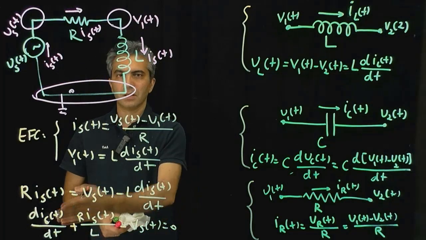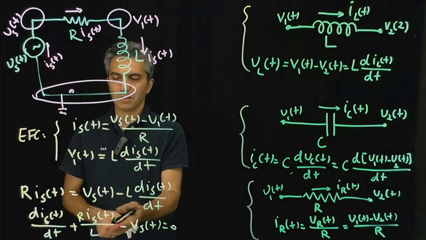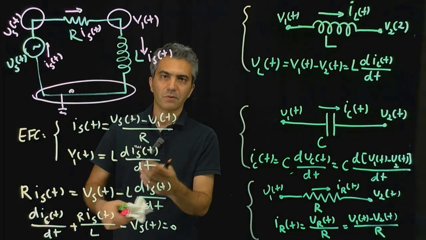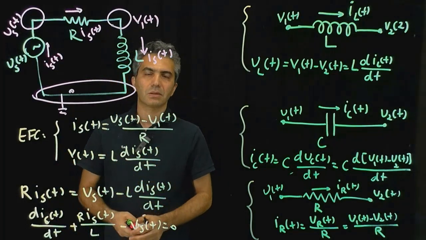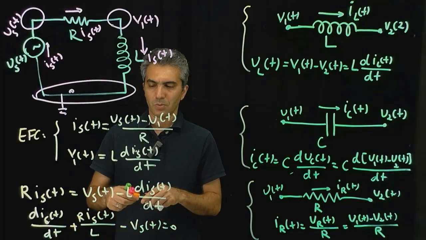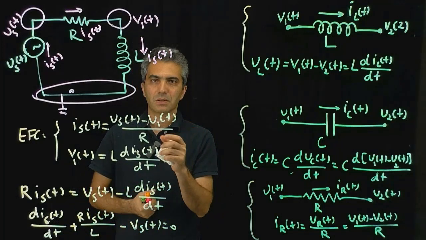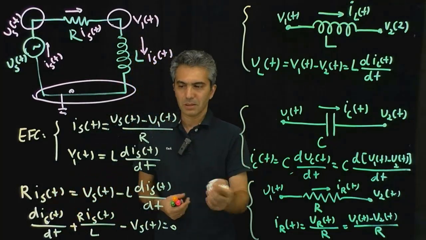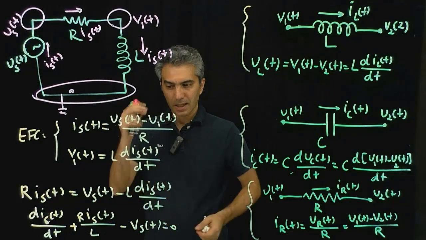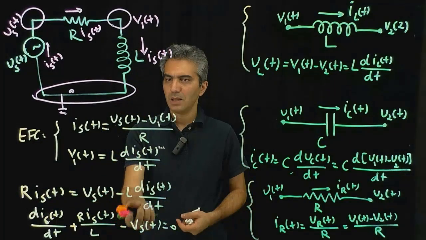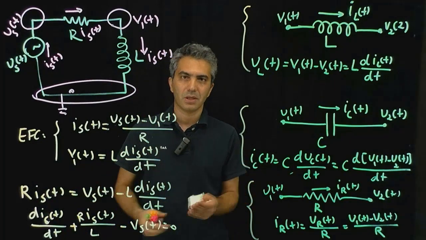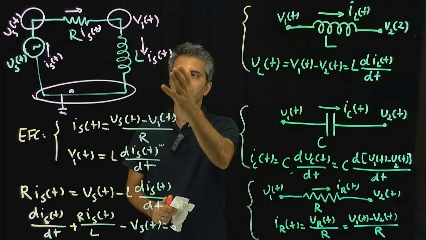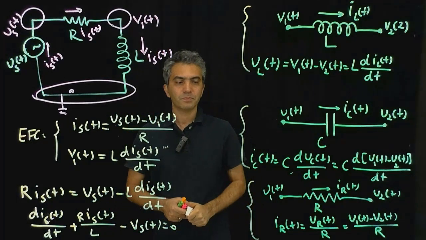You see that you can turn this equation immediately to the form that we already know how to solve, the first order differential equation, and the solution is basically the same as what we saw. The parameters K and tau in the circuit are going to be different, but at the end of the day, how we approach it is exactly the same. And once you have IS(t) here, you can put it back into any of these equations and get V1(t), which is the only other unknown in the circuit. And once you have that, everything about the circuit is known.